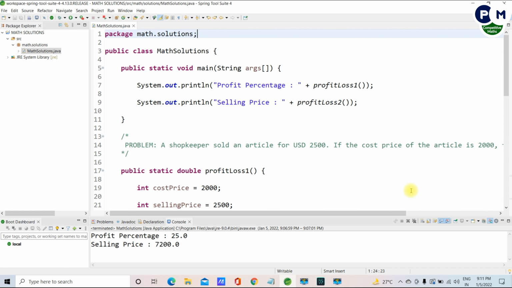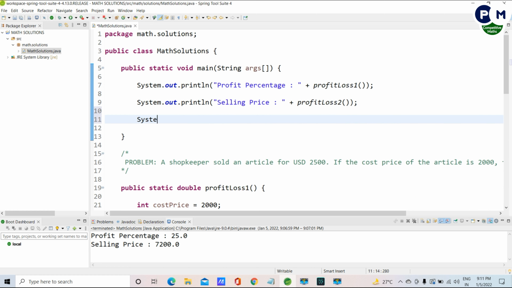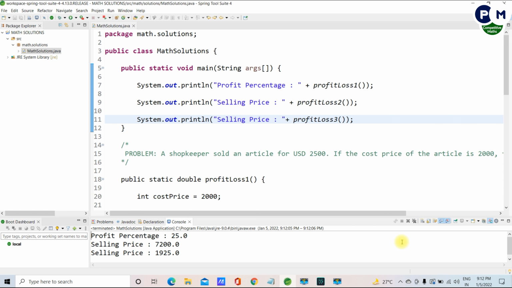The last step is to return the selling price. Here I am printing the selling price by calling profit loss method.